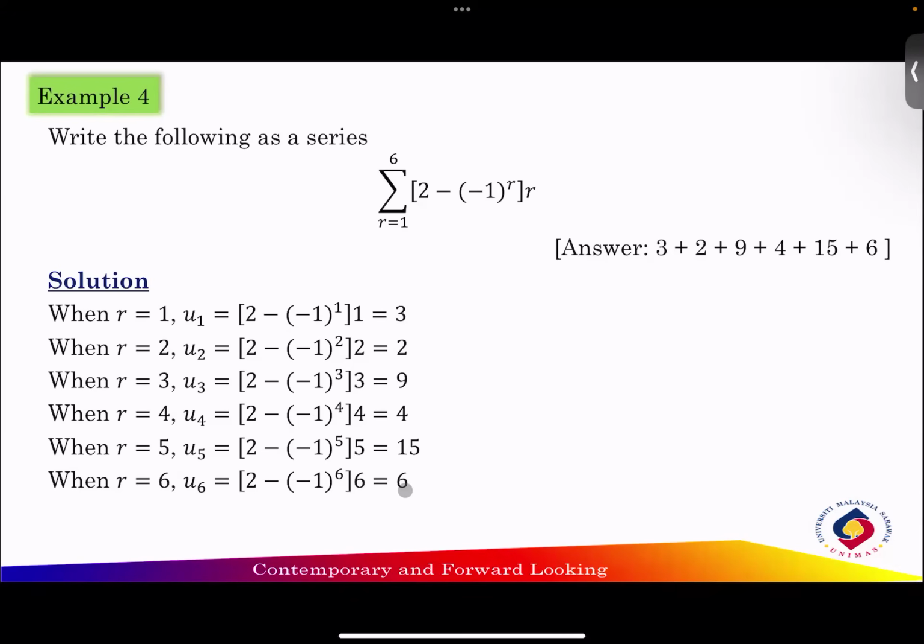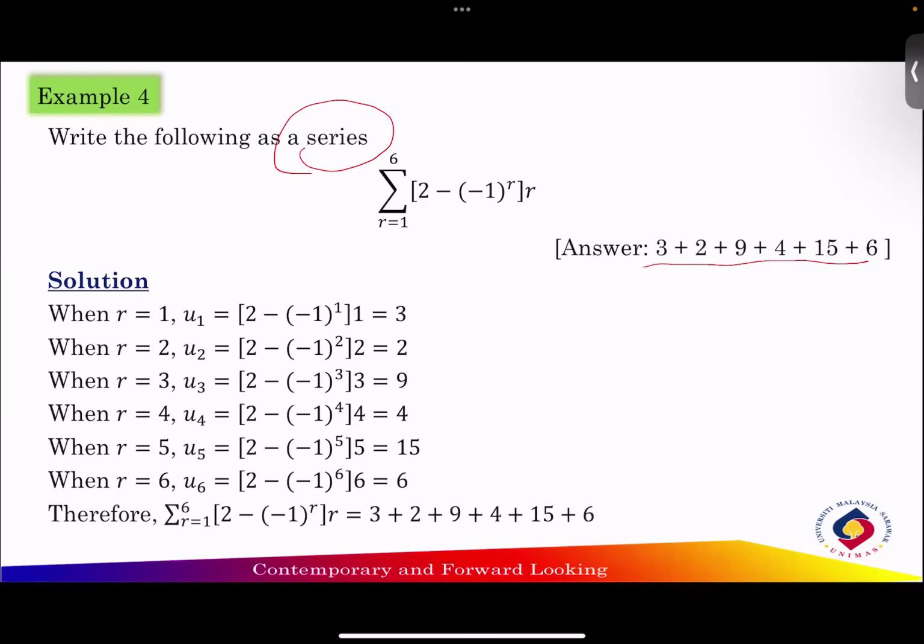After you found the answers here, then you start to find the series. It means the numbers you add all together. Just show that you add them all together. No need to find the final answer. This one is already the answer because you just need to write it as a series. Remember, a series is just one mathematical sentence with addition.